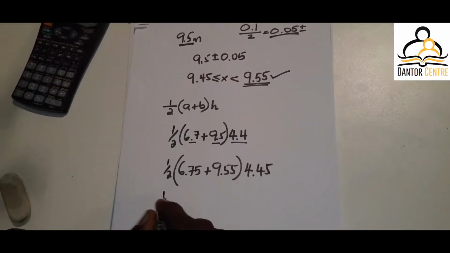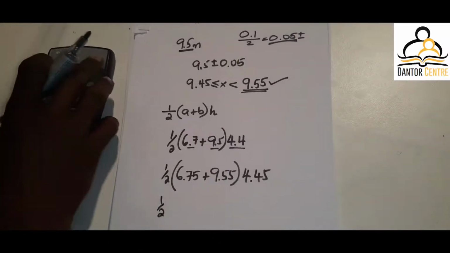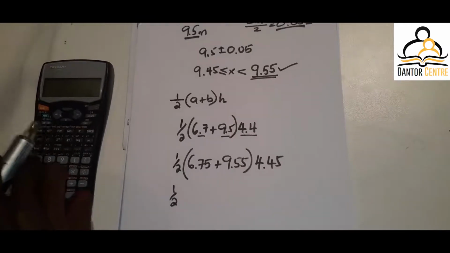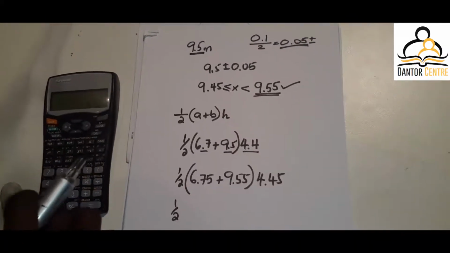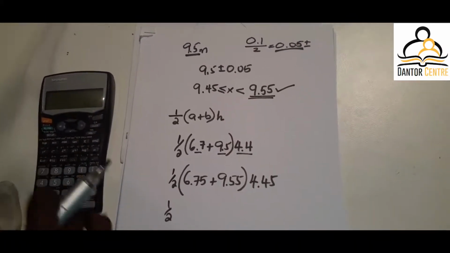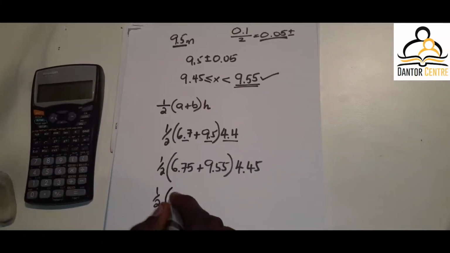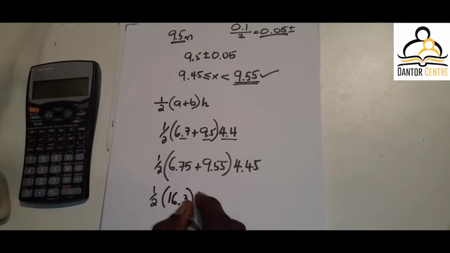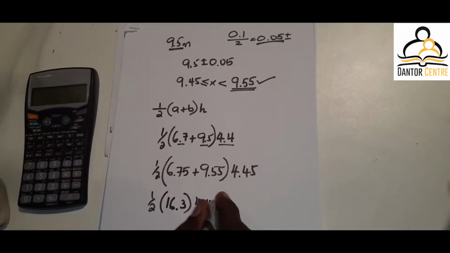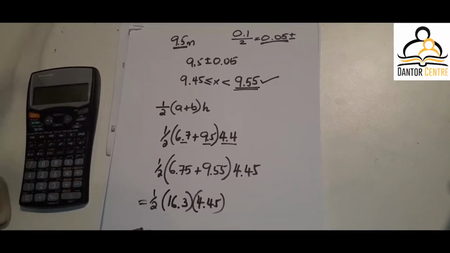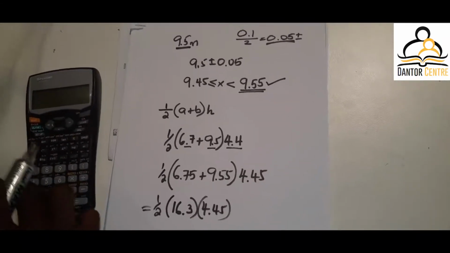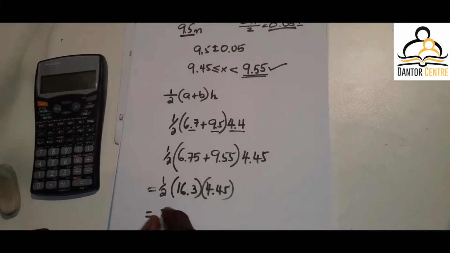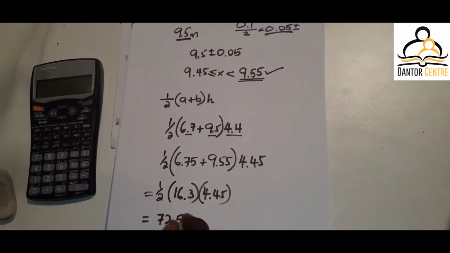Then from there, we take our calculator. We add 6.75 plus 9.55, which will give us 16.3. 16.3 multiplied by 4.45, we get 72.535.